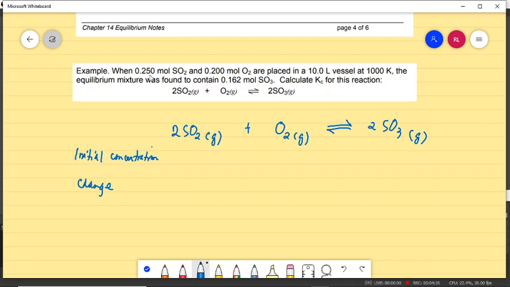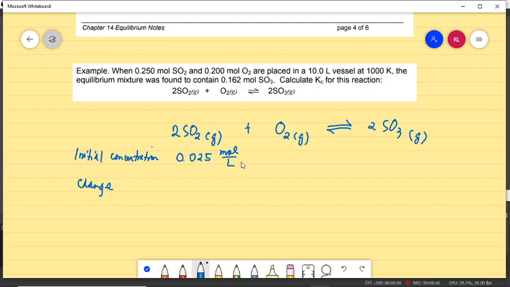As stated here, you have 0.250 mole of sulfur dioxide in 10 liters. To get the concentration of sulfur dioxide, divide 0.250 by 10, and that is 0.025 mole per liter.